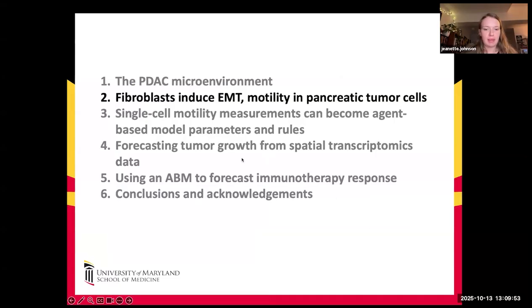So first we wanted to look at the specific role of fibroblasts in inducing the epithelial to mesenchymal transition.